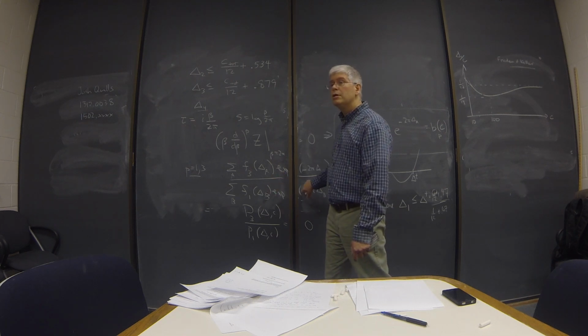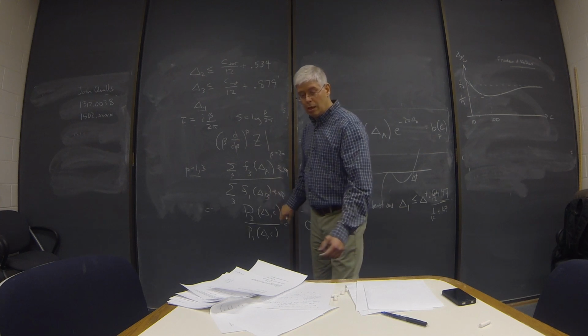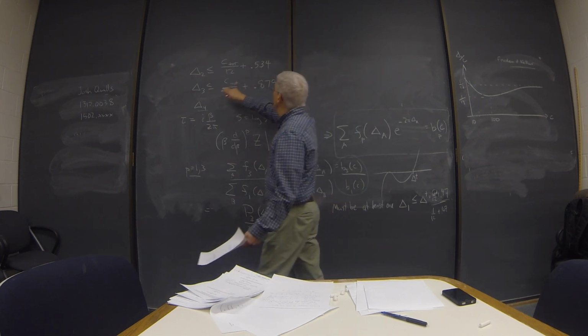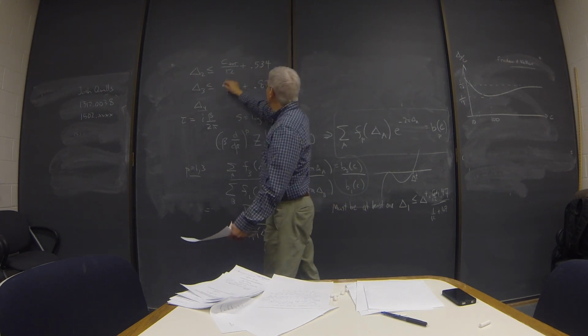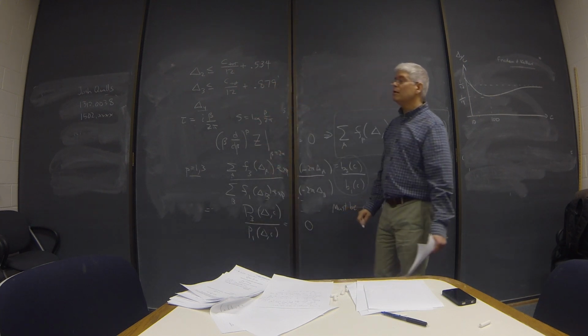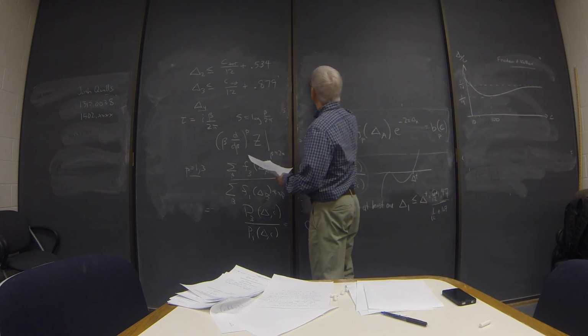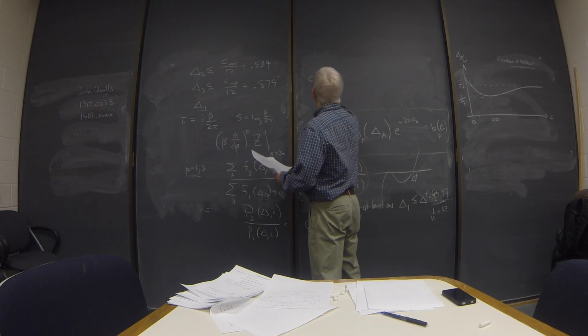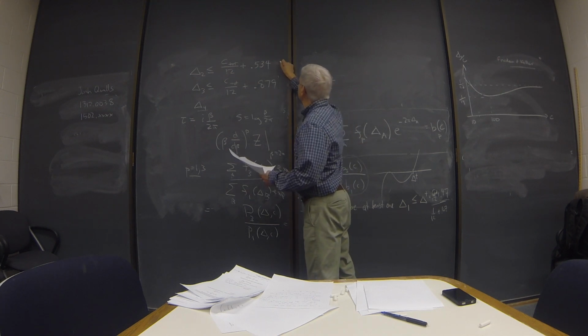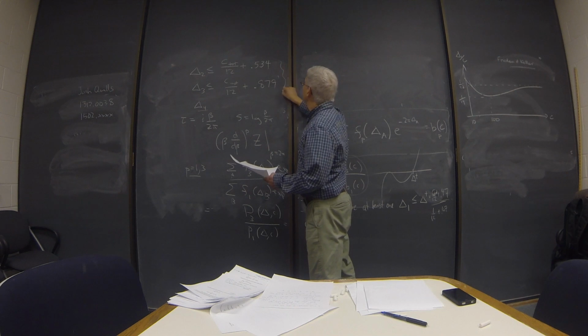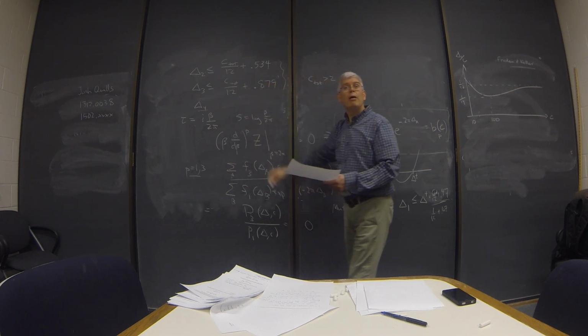The denominator is positive up to this value here, but as long as C total is greater than 2 and C is greater than 1, then we don't have to worry about this denominator blowing up.